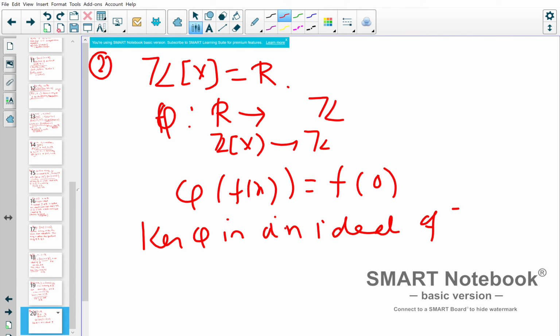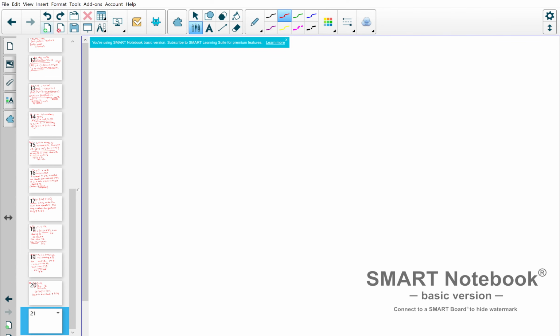Now what is this kernel, how does it look?